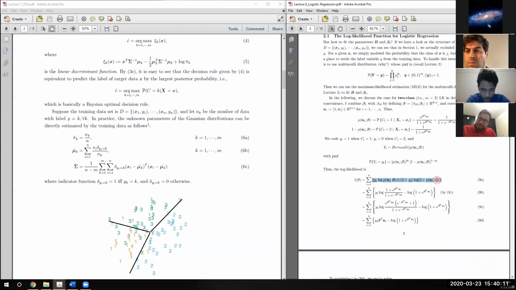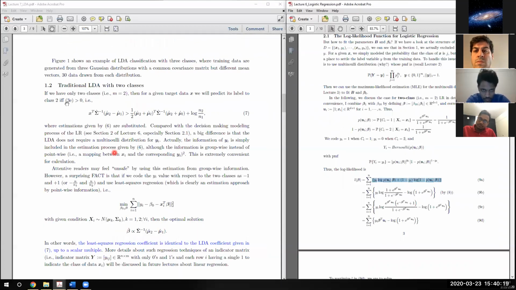That's why here is point to point, but here is group-wise information. But this small subsection just tells you that it doesn't matter, because even if you run the least square method, which is clearly a point-to-point method, our coefficients are still the same. The difference is only a scalar multiple. That's it.